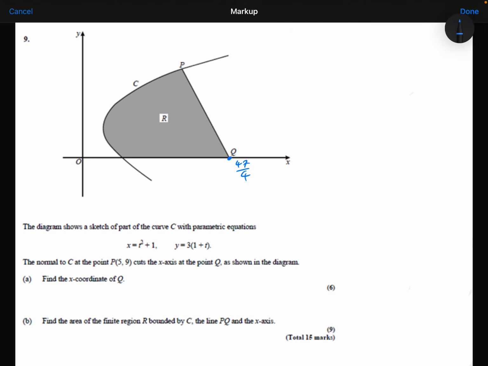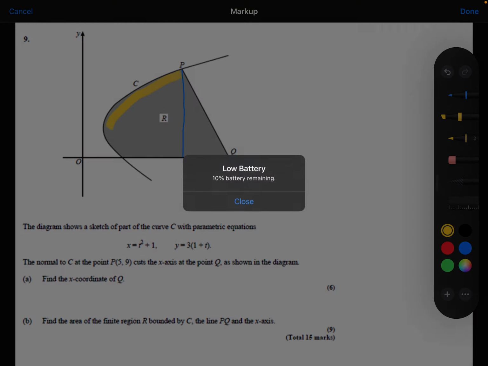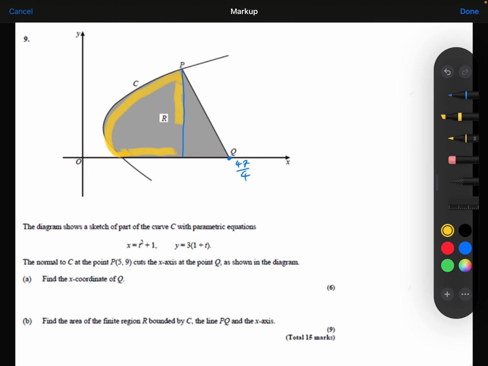Right, part B. Find the area of the finite region R bounded by the curve C, the line PQ, and the x-axis. So basically this shaded area. I need to draw a vertical line at point P because I can find all of this shaded area by integrating the curve.